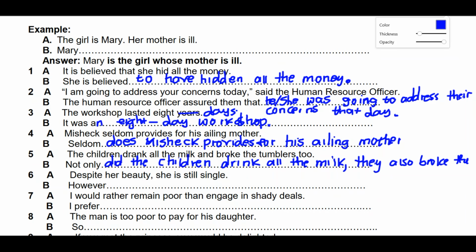Then number 6: despite her beauty, she's still single. However, you put a comma after the word however. Then we'll say, however beautiful she is, comma, she is single.